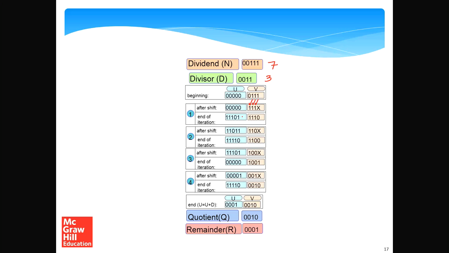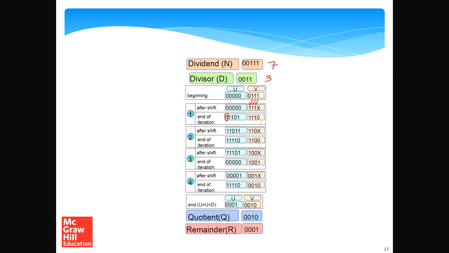And then what we do is, since this number is positive or 0, we subtract the divisor. Subtracting the divisor means adding its 2's complement. So this is 1, 1, 1, 0, 0 plus 1. So this is the 2's complement of 3, so it's minus 3. So after this, the sign of this number is negative because the sign bit is 1.